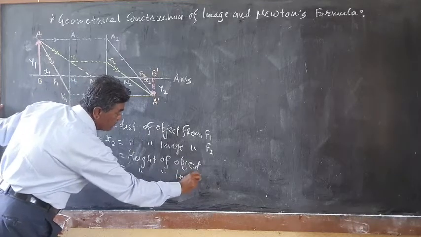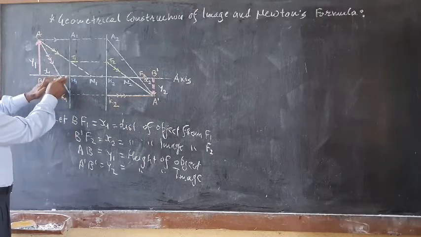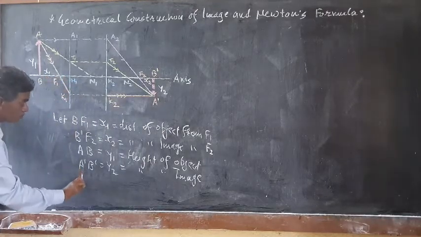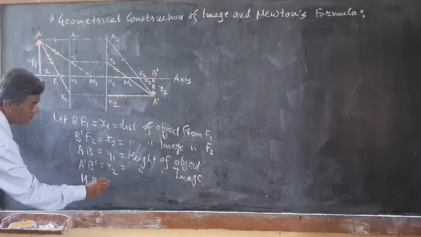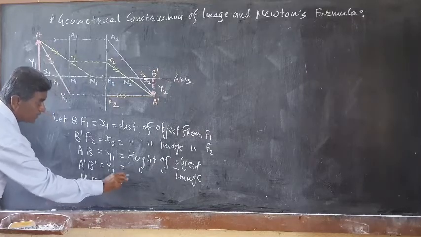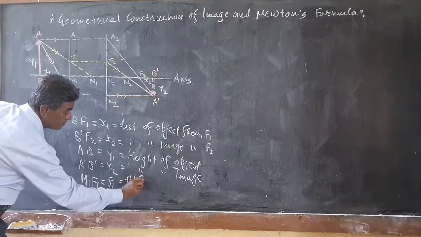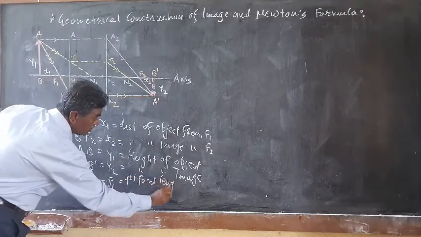We are getting here. Similarly, suppose this distance is h1 to f1. So h1 f1 is nothing but small f1, and this is the first focal length of the lens system.